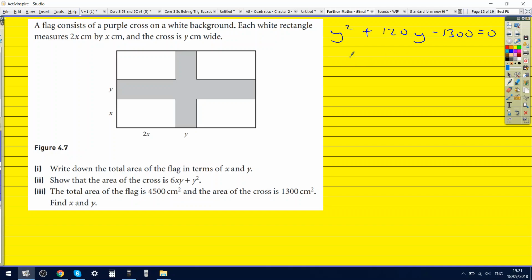We have y here that equals 10, or y equals minus 130. Okay, so we have two answers. Why did we only have one answer for x?